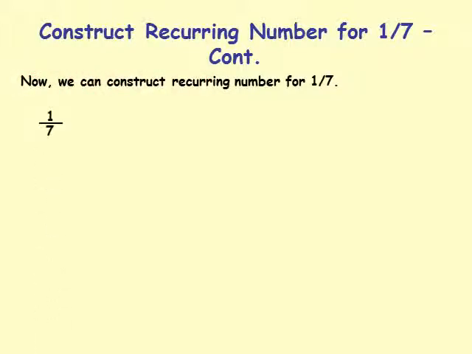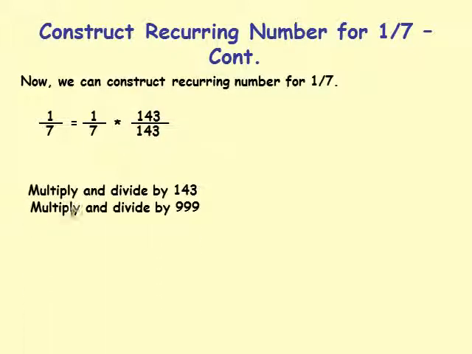Let's continue here. We start with 1 over 7, which is exactly equal to 1 over 7. No problem there. Then we multiply and divide by 143. That was our first multiplier. Then after that we want all nines in the denominator, so we multiply and divide by 999.